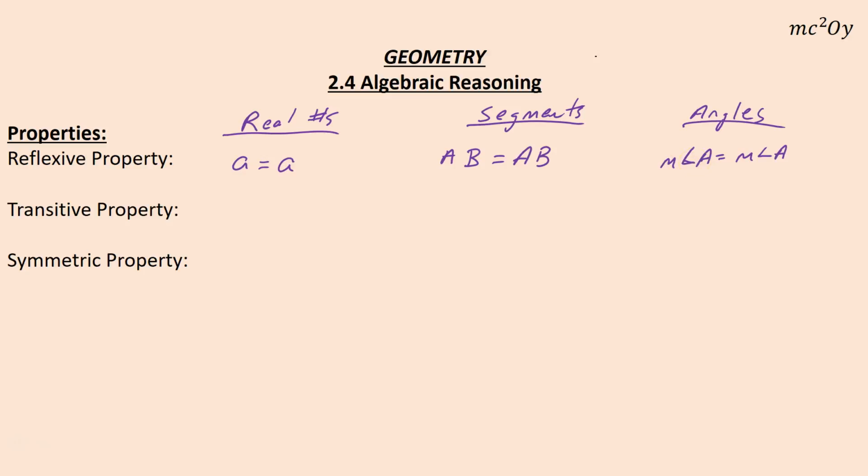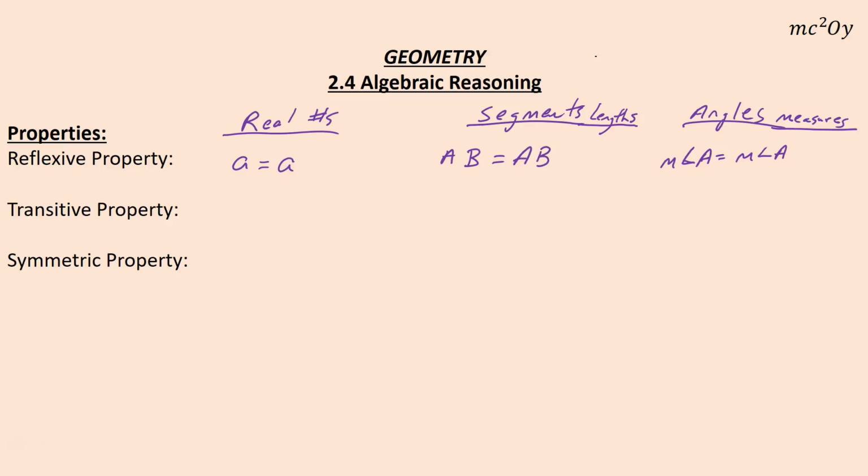So segment lengths, angle measures, I guess I'll add the word length here. That is really what you're dealing with a lot of times when you're dealing with reflexive property.